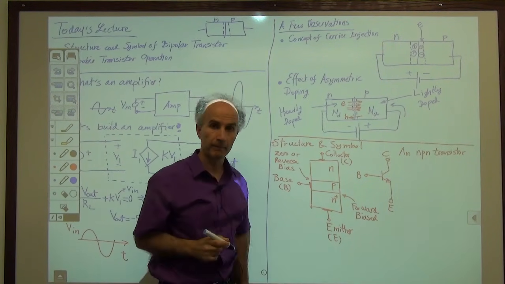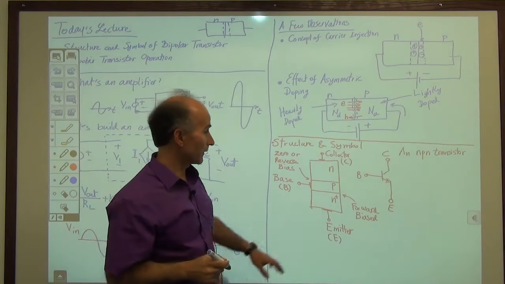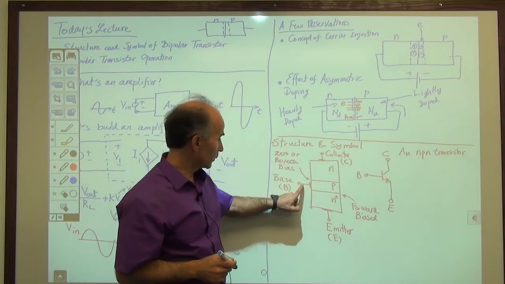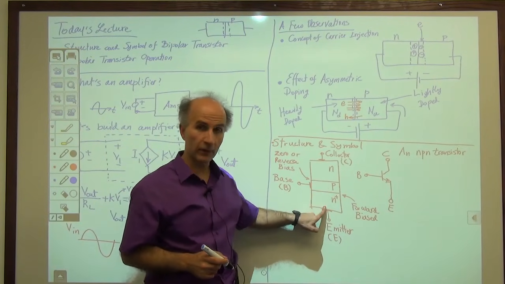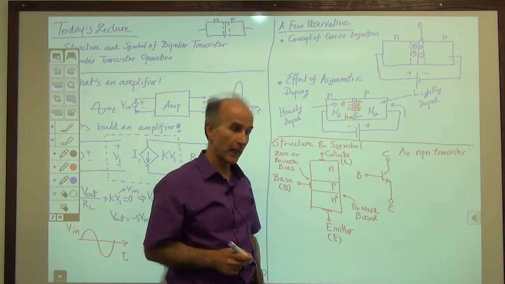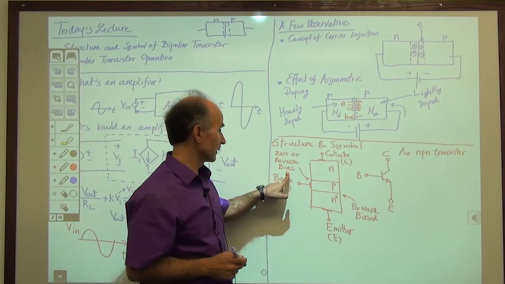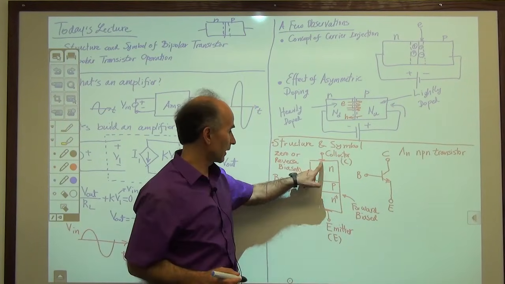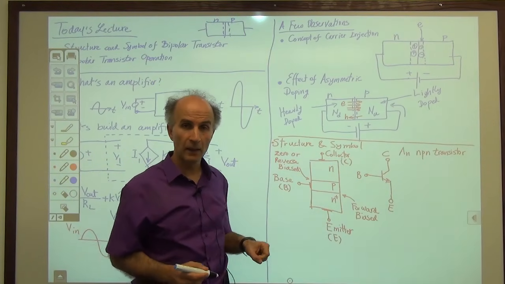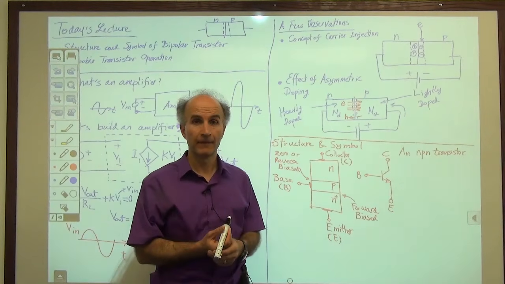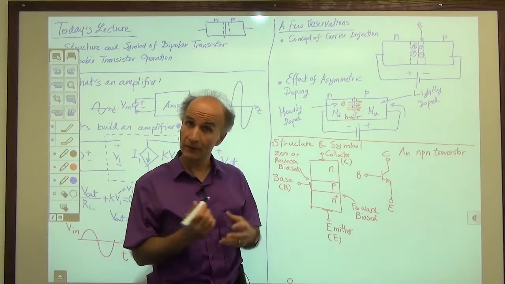All right? Okay. So under these two conditions, forward biased junction between the base and the emitter, and reverse or zero bias, so reverse biased between the collector and the base, that's a combination that we would like to use this device in. That's when it becomes an amplifying device.